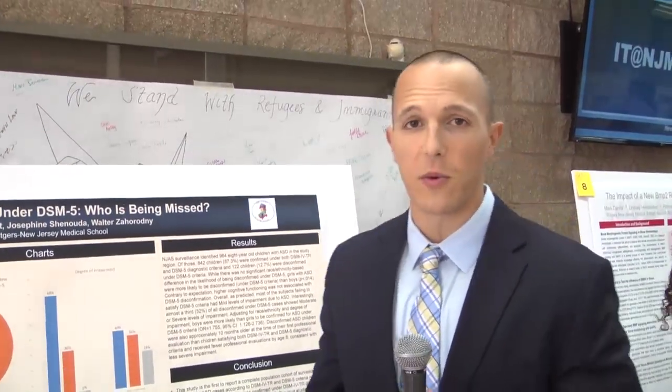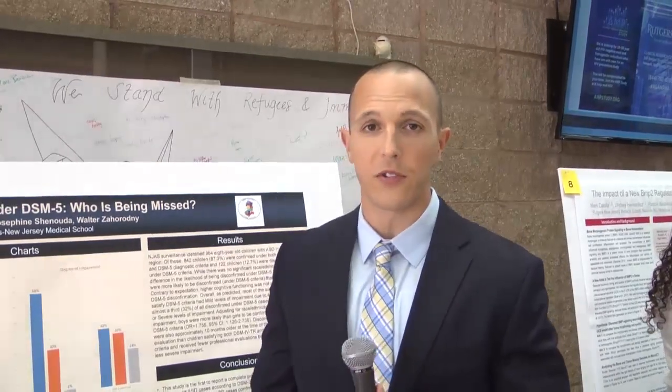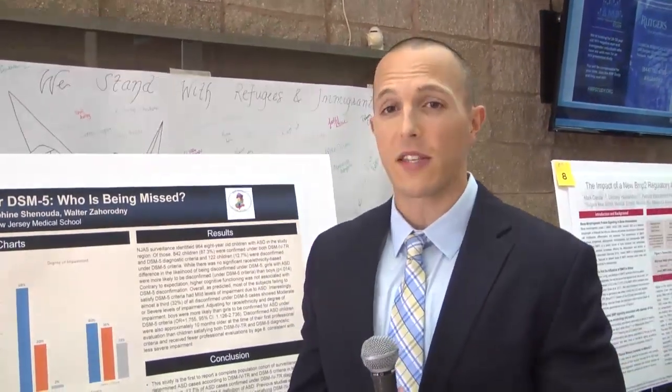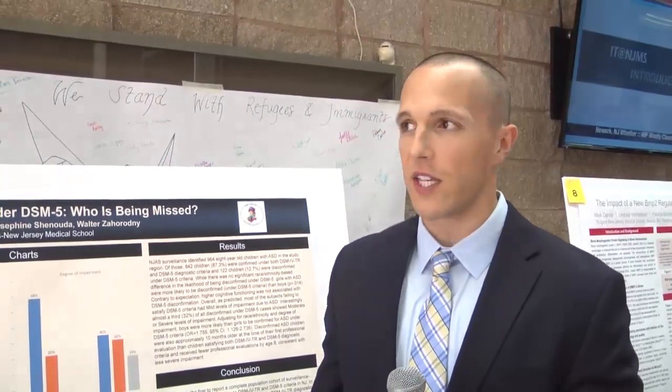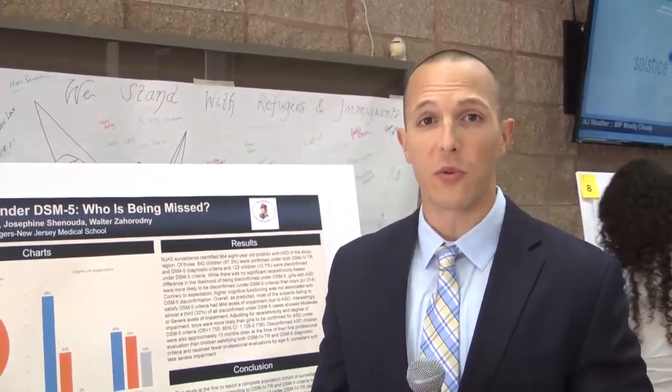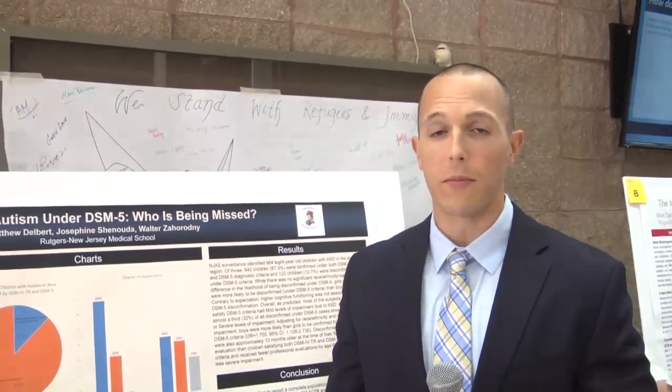But very interesting to us was that 32% of children who were classified as having moderate or even severe autism under DSM-4 were being missed under DSM-5. So there's something about this DSM-5 criteria that is making children with even more moderate and severe impairments get missed.